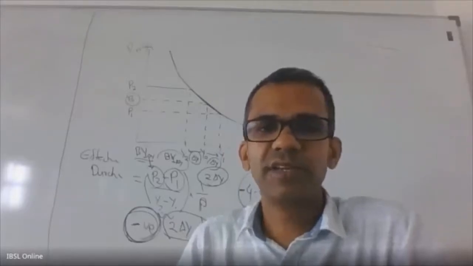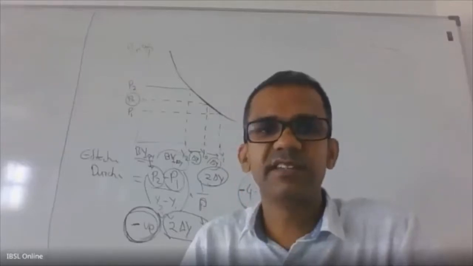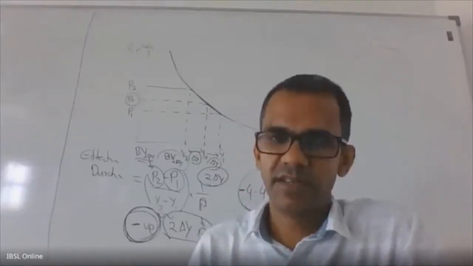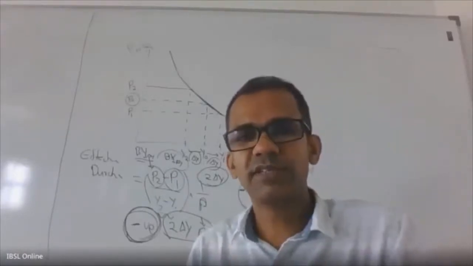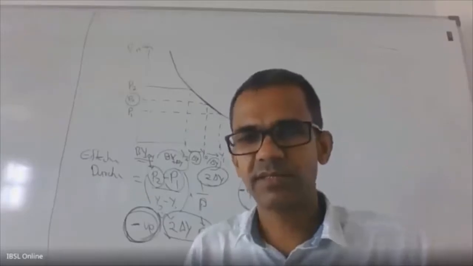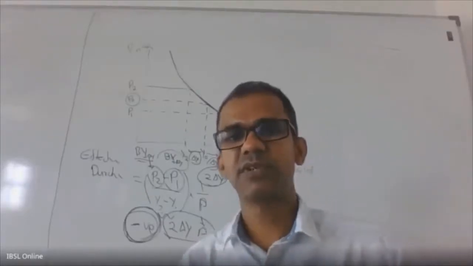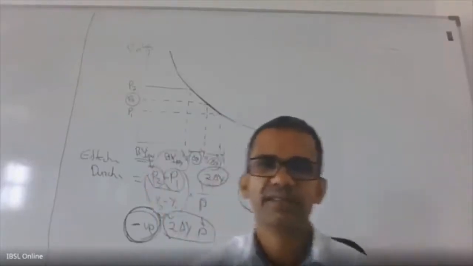Now we are asked to estimate the effect of a 150 basis point increase and decrease on the bond price. What does it mean? If the yield increases by 150 basis points, what would be the effect on the bond price? And if the yield decreases by 150 basis points, what would be the effect on the bond price?